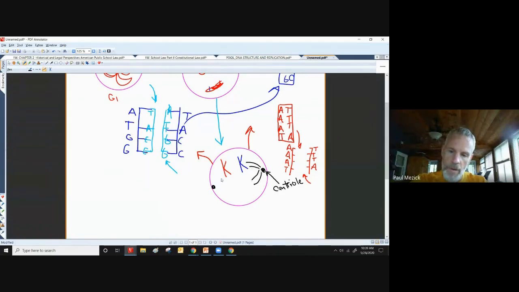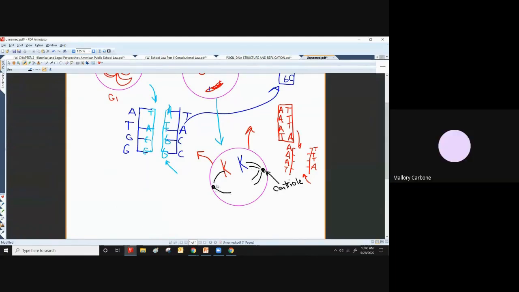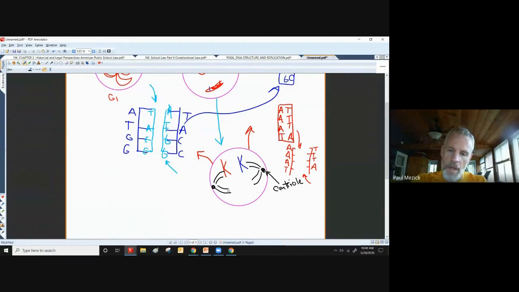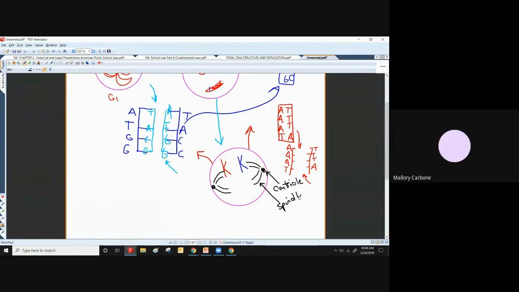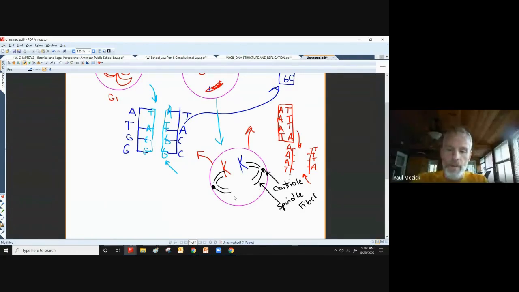Did I do this with you already or no? No. Good. This is good then. These strands of stuff, another new term here, are called spindle fibers. Oh yeah, this word spindle was on one of the questions. Okay, good. So what these spindle fibers do is they move everything around.